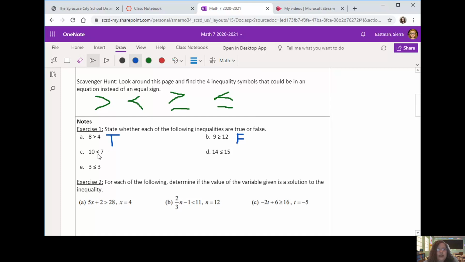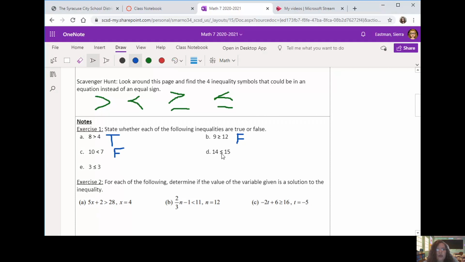If I go over to C, now we have less than. 10 is less than 7. And that is also false. That's incorrect because 10 is supposed to be greater than 7. We have our question D here. 14 is less than or equal to 15.